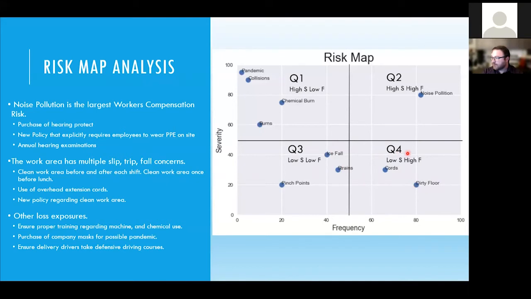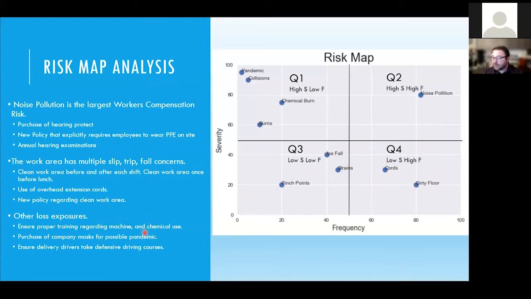Even though they're low severity, they're still happening too much. So they implement the clean work area to try to reduce this by removing those floor obstacles. They decide to completely remove the cord one altogether by the use of an overhead extension cord. And then they also have new policies regarding a clean work area.